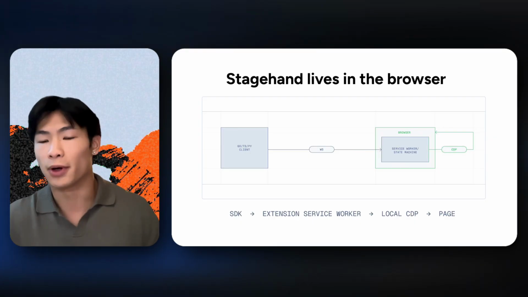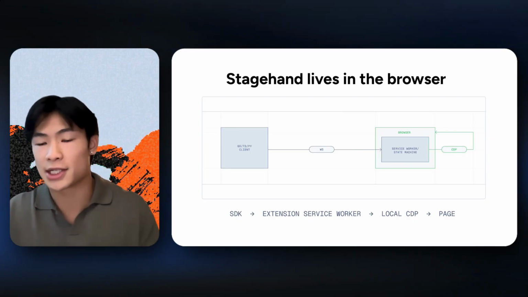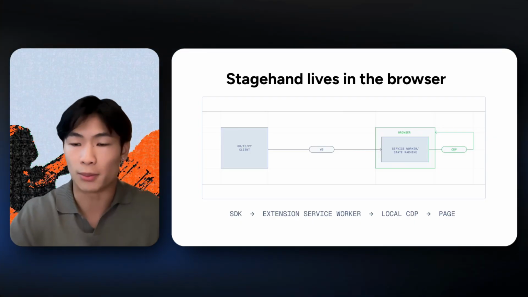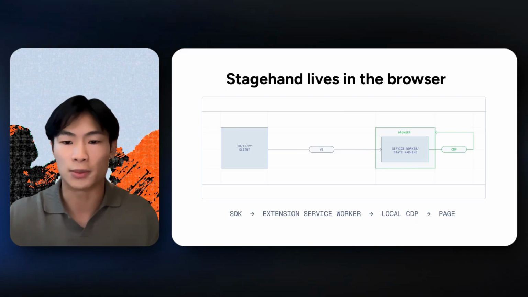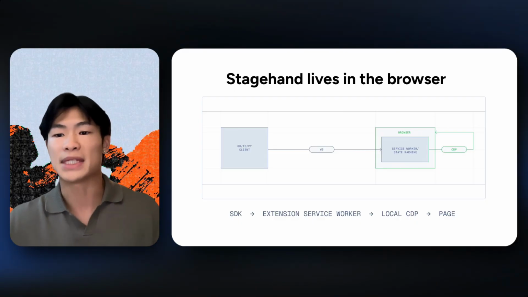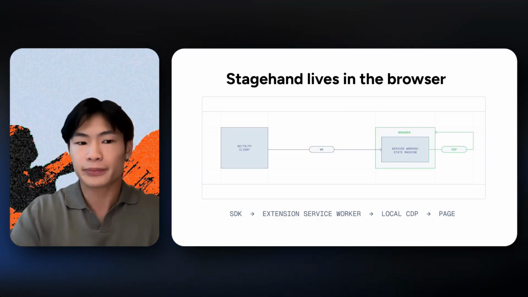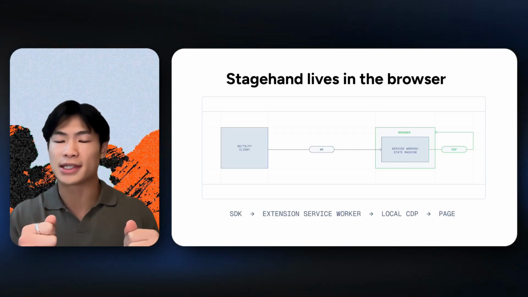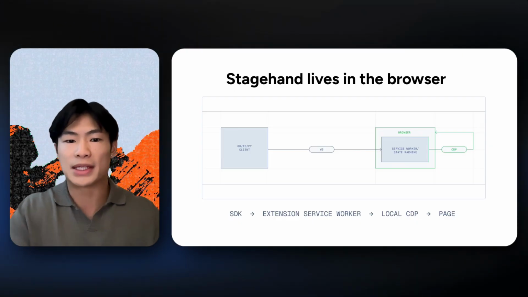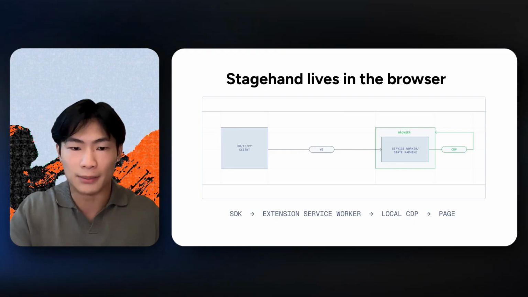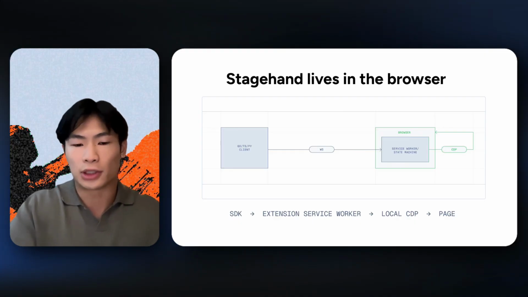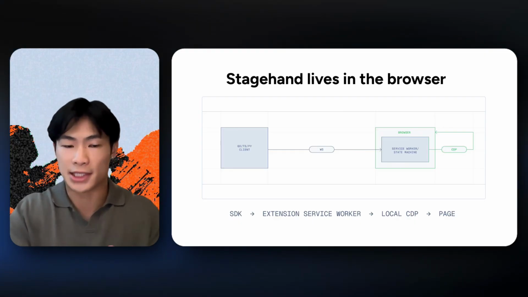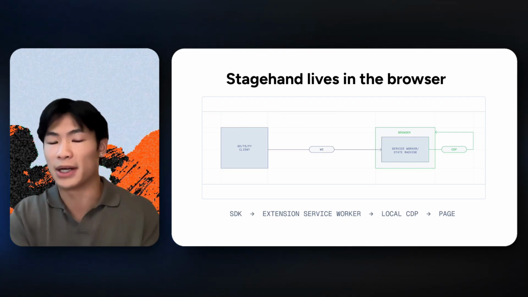But in Stagehand V4, we've actually moved the full Stagehand runtime into our browsers as a Chrome extension. What that means is traditionally, when you would have your client talk to the browser using Stagehand, there would be another node here. Your client would have to send a request to the Stagehand client, which would then send a request to the browser.